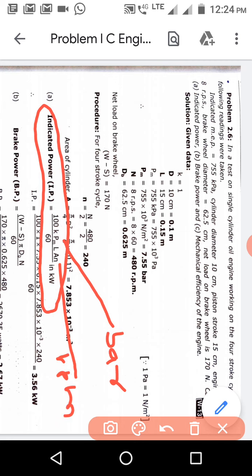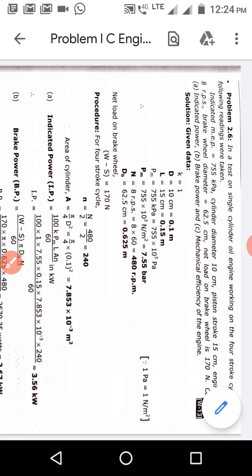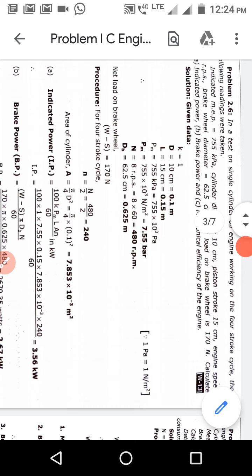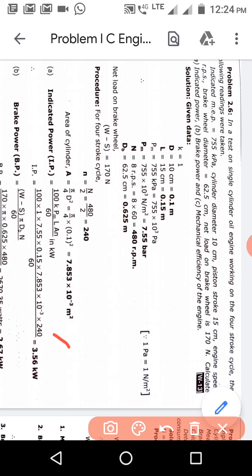So whenever you are using this formula, you have to take care that this mean effective pressure should be in bar, and this n, small n, that is number of working strokes, should be in revolution per minute. Then only you will get the correct answer. So we have converted this small n into RPM, and we have put it into the formula.